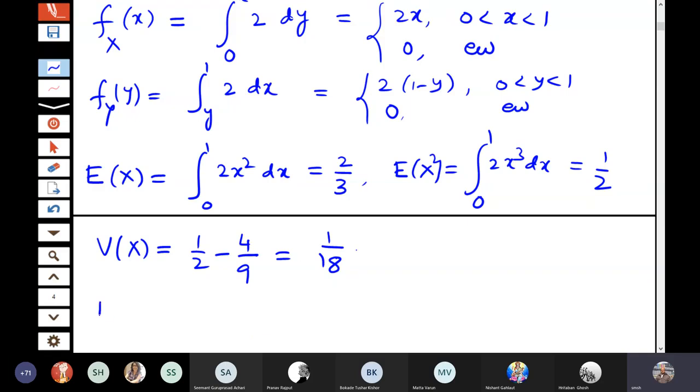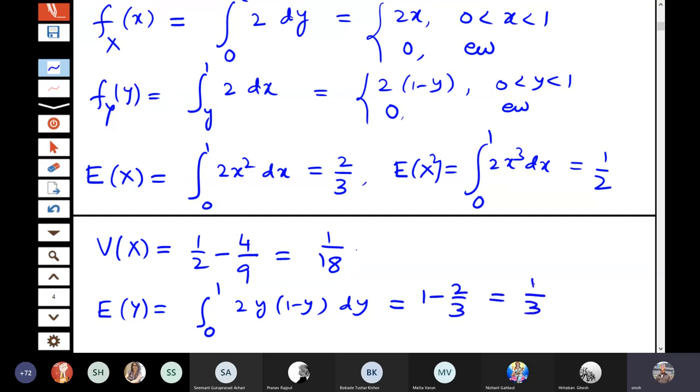In a similar way, I can calculate expectation of y. So expectation of y is again integral 0 to 1 2y into 1 minus y. So easily you can check this calculation. It is 1 minus 2y square, so that will give you 2 by 3, so 1 minus 2 by 3, that is 1 by 3.